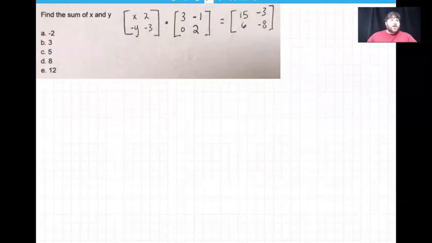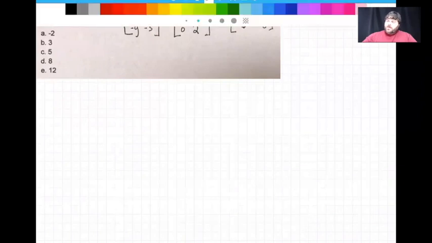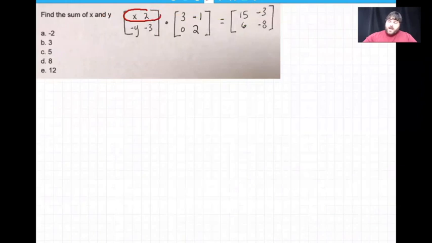All right, next question. Find the sum of x and y in the matrix x 2, negative y negative 3, times 3 negative 1, 0 2, equals the matrix 15 negative 3, 6 negative 8. All right, so in this case, they're forcing us to show that we know how matrix multiplication works. You're going to take row 1, which involves an x.